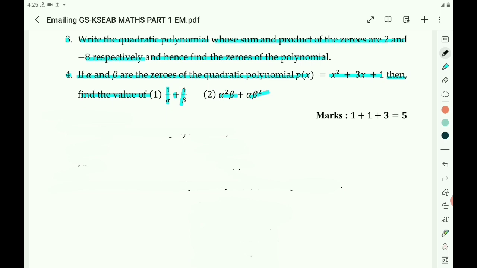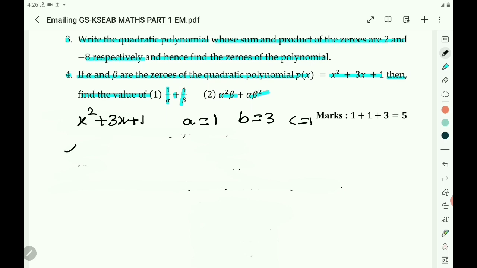Now you take down x square plus 3x plus 1. Then write the values of a, b, c. a equals coefficient of x square, 1, b equals coefficient of x, that is 3, and c equals 1.